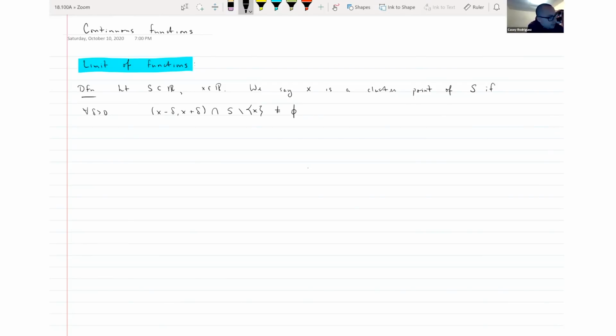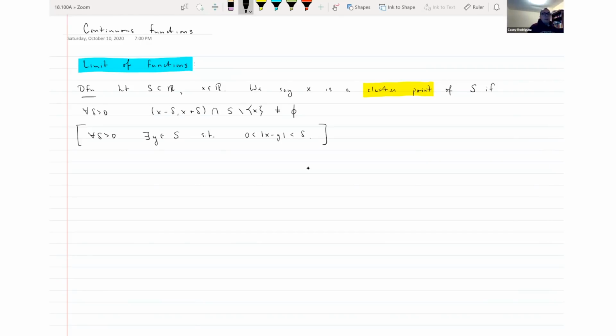So the new terminology, not so new since we dealt with it in the assignment, is that of a cluster point. An equivalent way of stating this is that for all delta positive, there exists a y in S such that 0 is less than the absolute value of x minus y, which is less than delta.